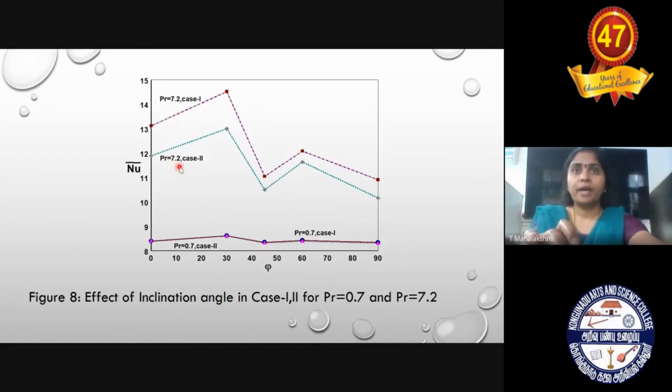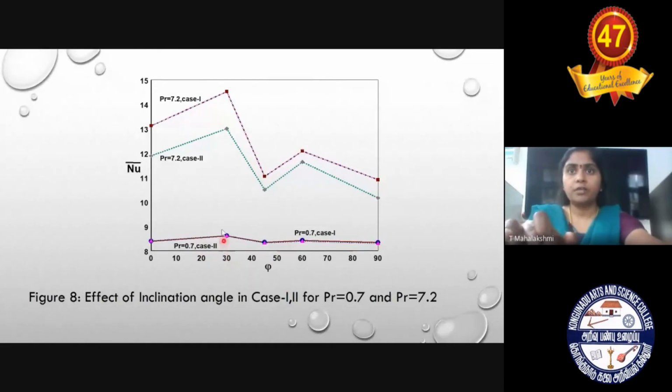When comparing with the air, Pr is 0.7 represents the base fluid air, Pr is 7.2 represents the base fluid water. So the base fluid water considered with the titanium dioxide nanofluid is producing the highest heat transfer rate, and these oscillations represent the effect of the inclination angle considered at the particular angles.